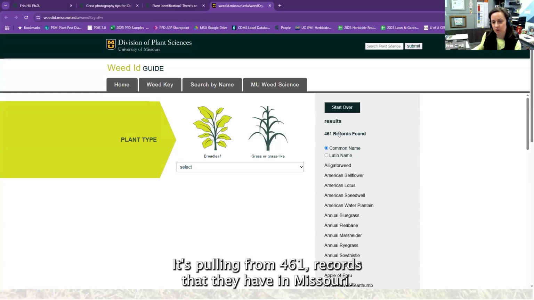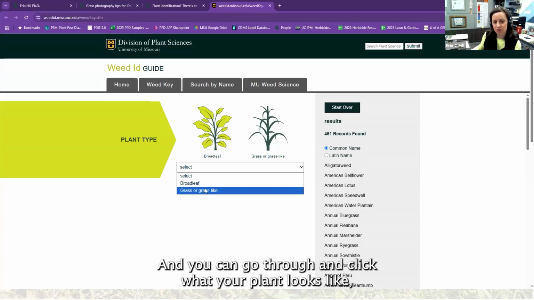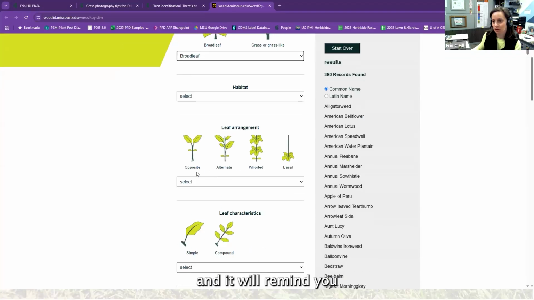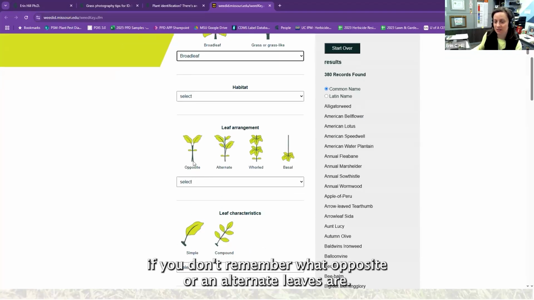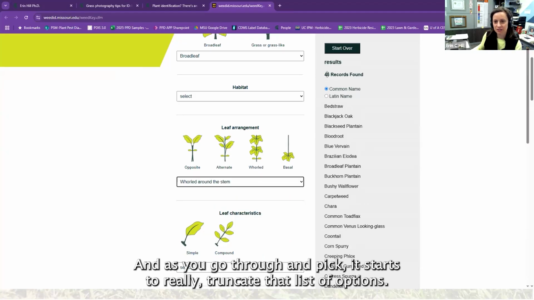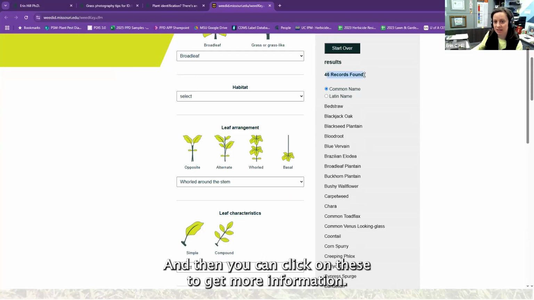It's pulling from 461 records that they have in Missouri, and you can go through and click what your plant looks like, and it will remind you if you don't remember what opposite and alternate leaves are. As you go through and pick, it starts to truncate that list of options, and then you can click on these to get more information.